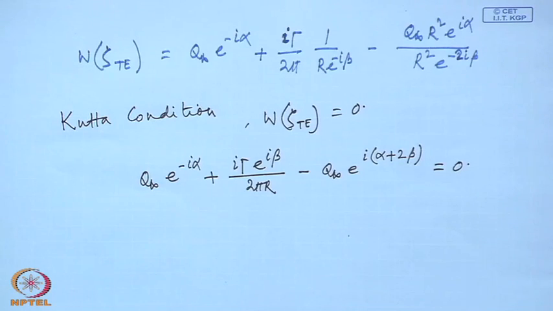Multiply throughout by minus i 2 pi r e to the power minus i beta.